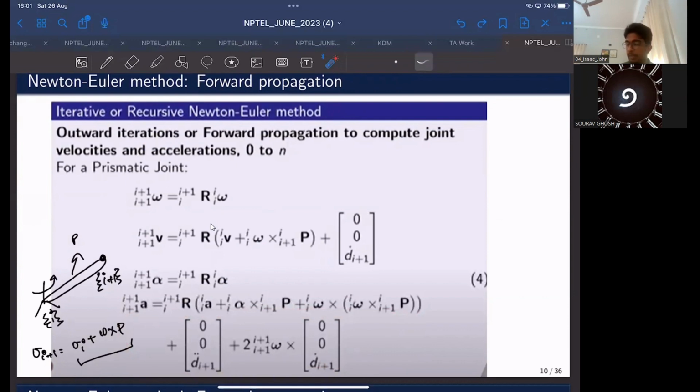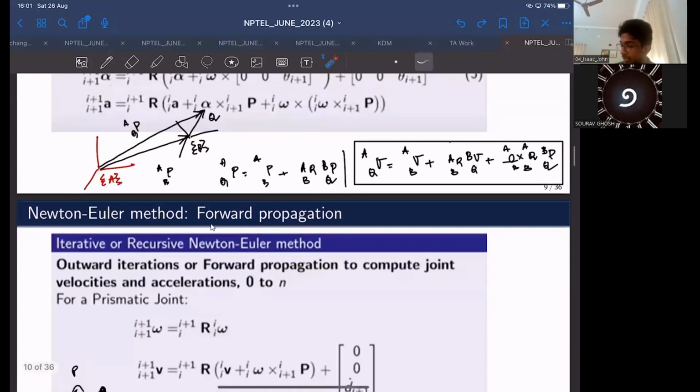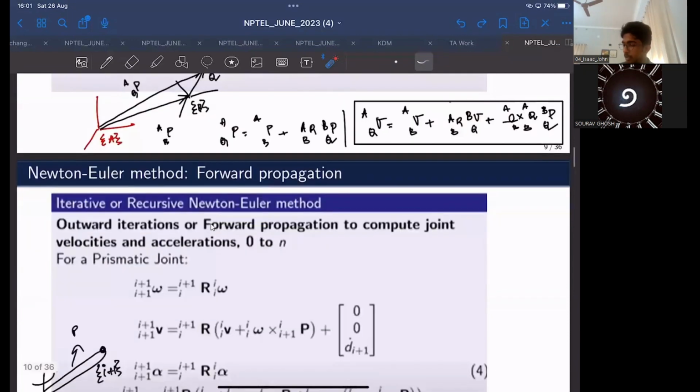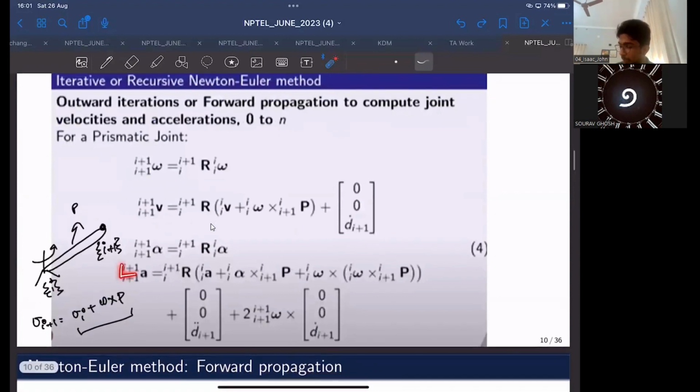The general structure would be similar, but by judiciously replacing these indices A, Q, B by making judicious choices, the i+1 and ith frame, you will be able to obtain this exact expression.